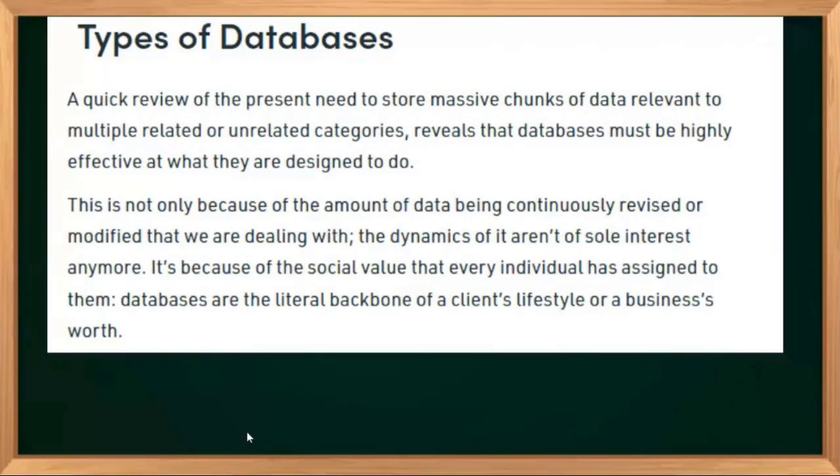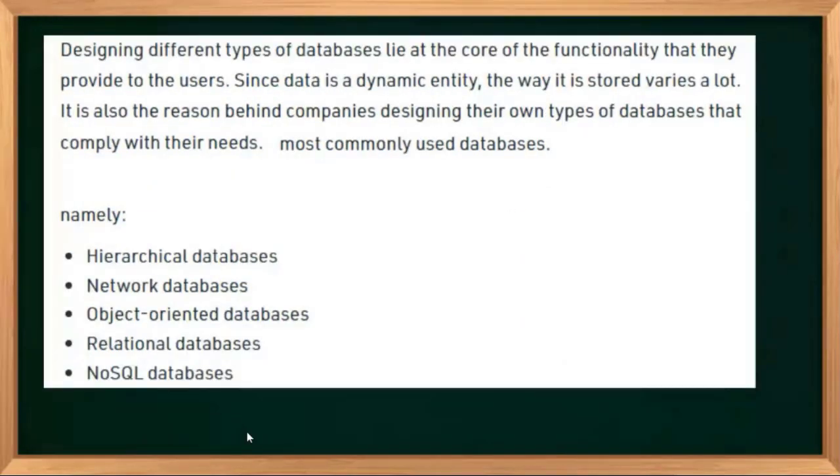Types of database. We have discussed data models. The different types of database models are the hierarchical database model, network database model, object-oriented database model, relational database model, and NoSQL database model.